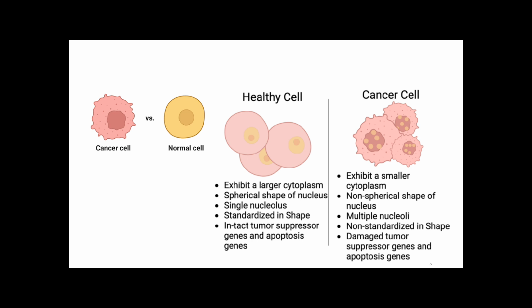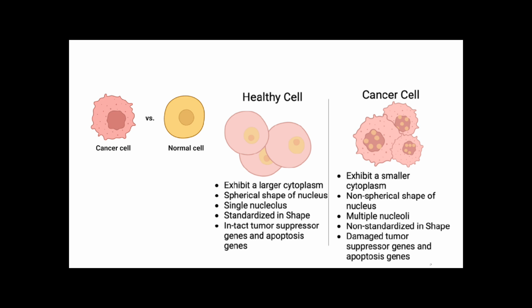But in cancer cells, what happened? The membrane is irregular, but in these normal cells, you can see the membranes of the nucleus and the cytoplasm are evenly distributed. But in the case of cancer cells, it is irregular when we consider the nuclear membrane and the cytoplasmic membrane.